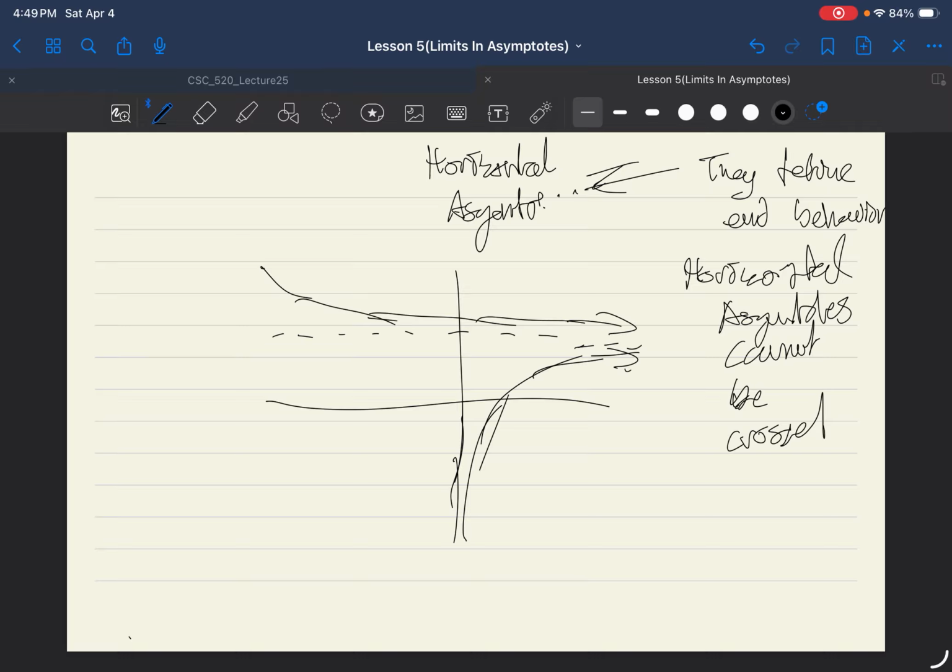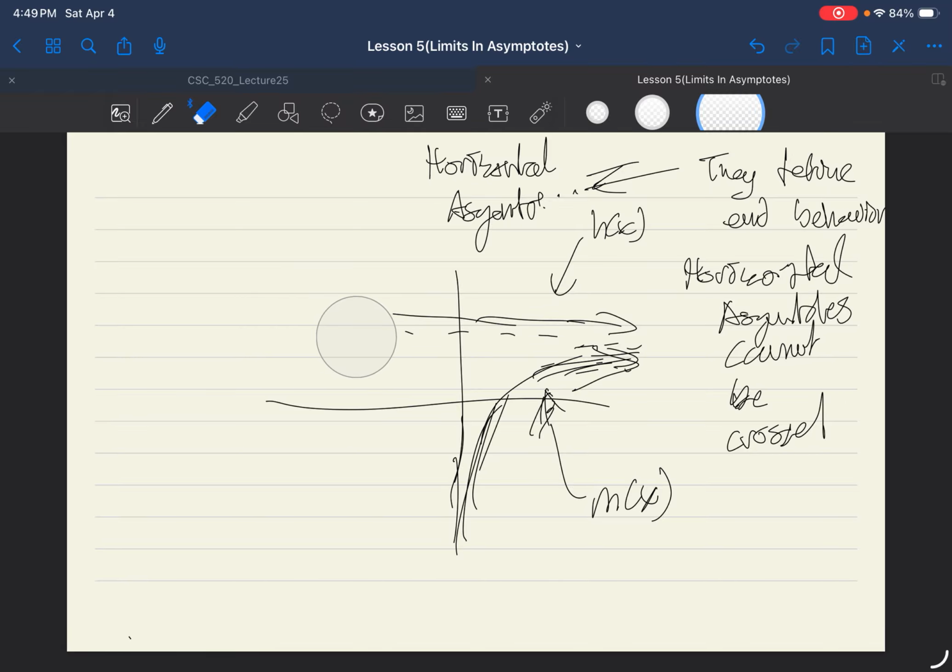This function will be called h of x, and this function will be called m of x. We're just going to reuse function names. Both functions will never cross that horizontal asymptote for some reason.